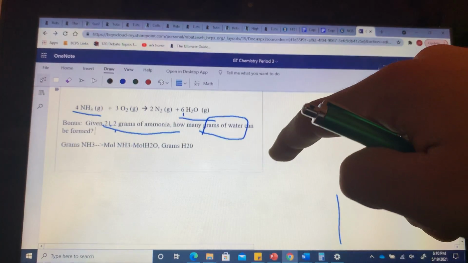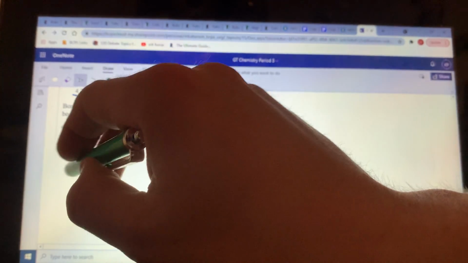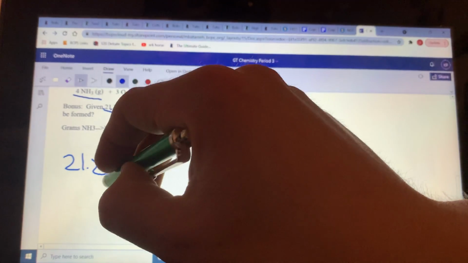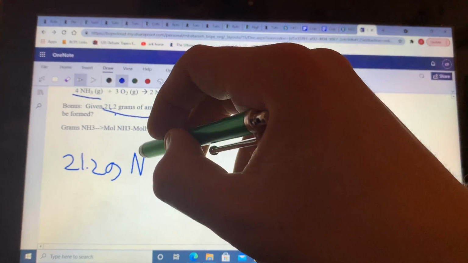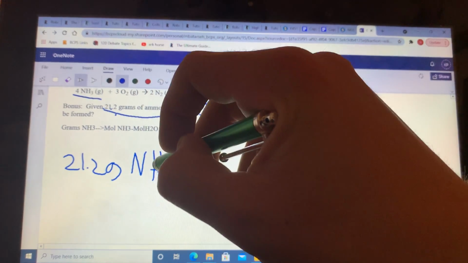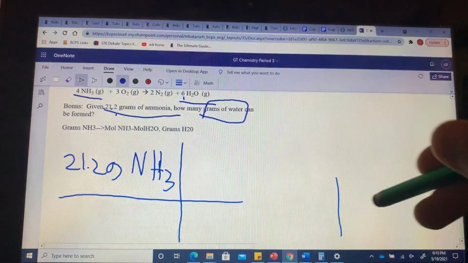So let's start off by writing our given. We have 21.2 grams of NH3. Now we have to convert to moles.